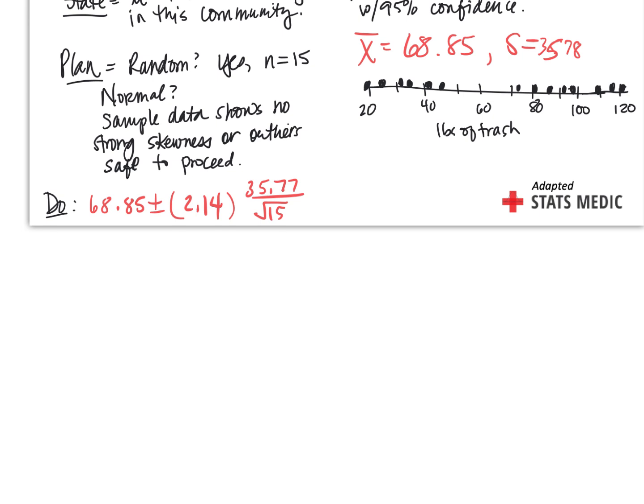And it's going to generate for me, let's see what we get here. 49.09 to 88.61. All right, so there's my interval.